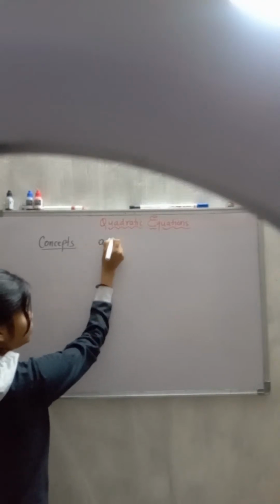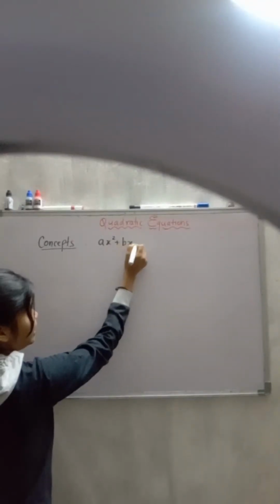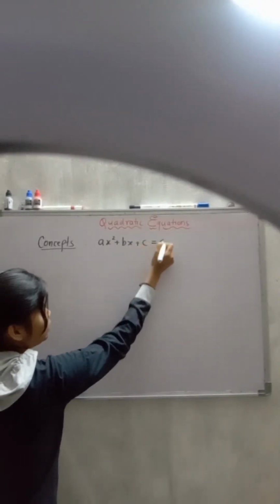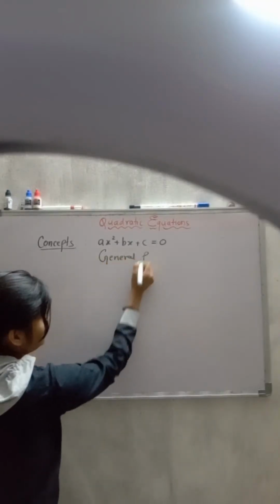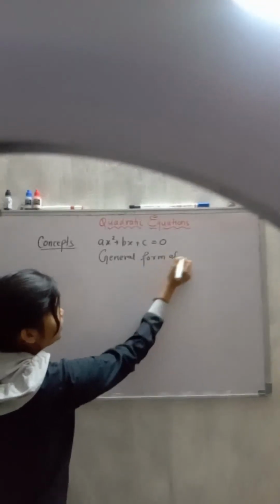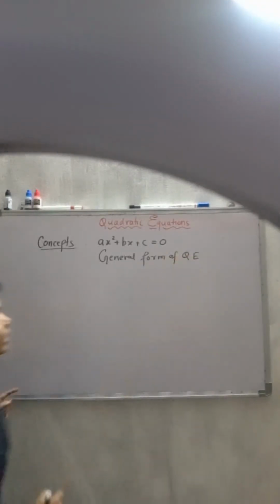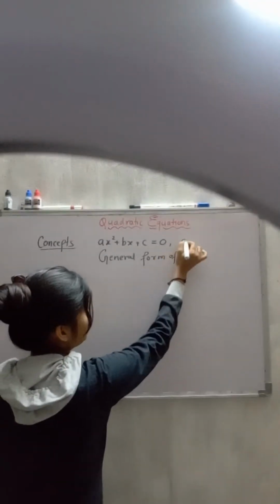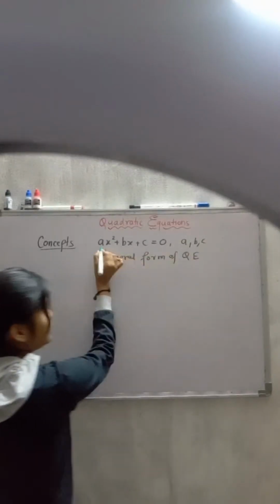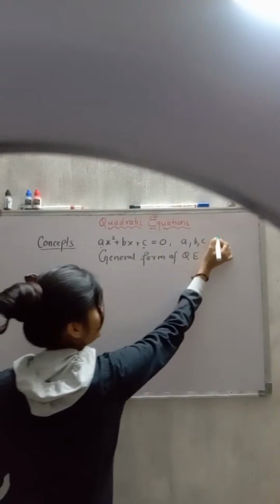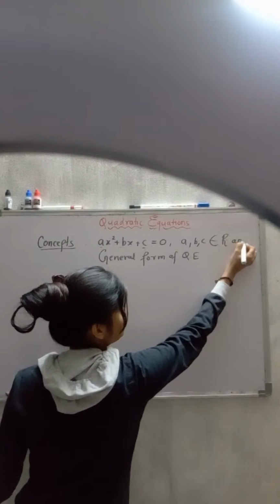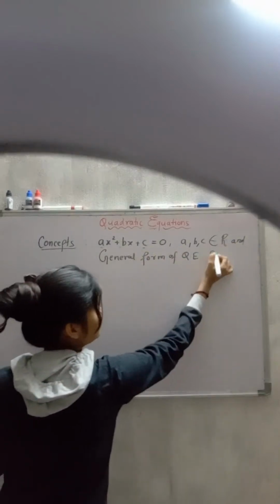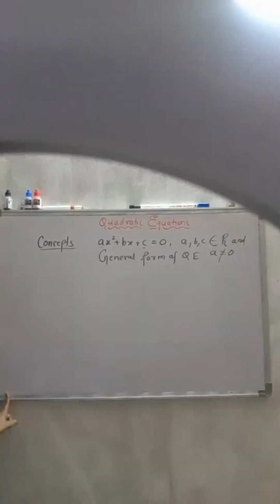So ax square plus bx plus c equal to 0. This is the general form of quadratic equation, ax square plus bx plus c equal to 0, where this a, b, c belong to real number constants, and this a is not equal to 0.